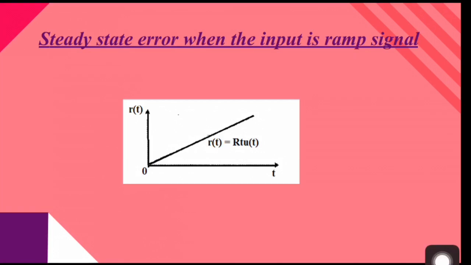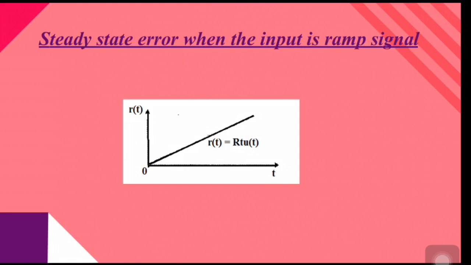In fact, the detailed analysis of steady state error for unit step signal is already done. I think you can follow the same procedure and do the analysis for ramp signal. So here I will give you only the results. Please try to do the complete analysis yourself.